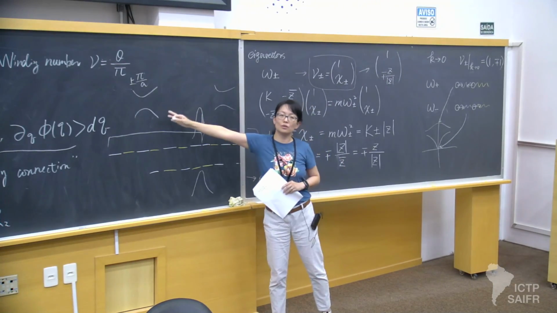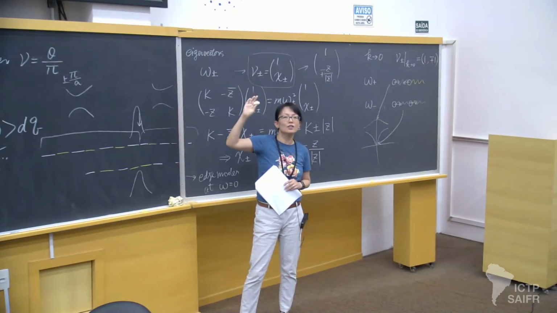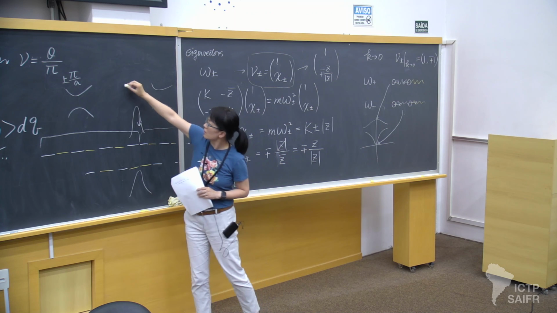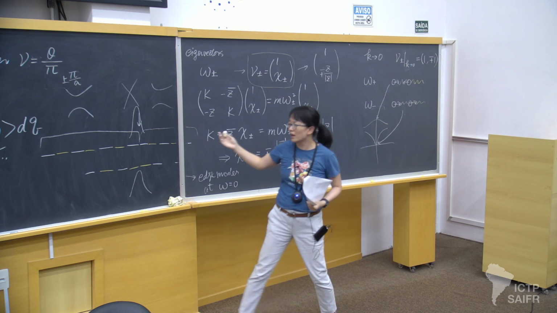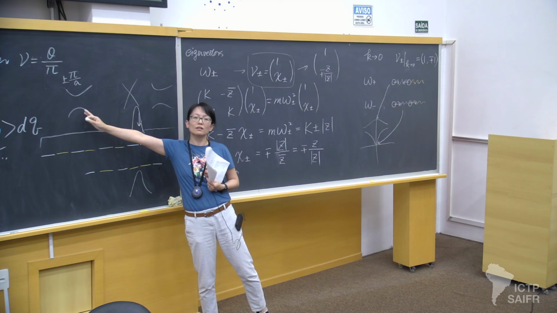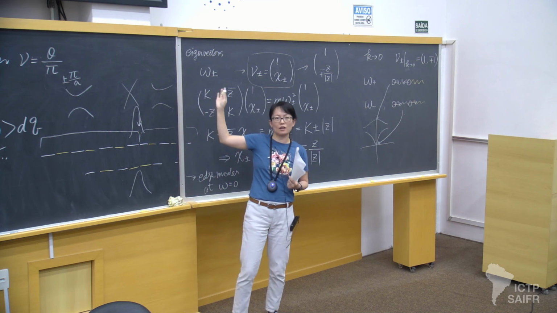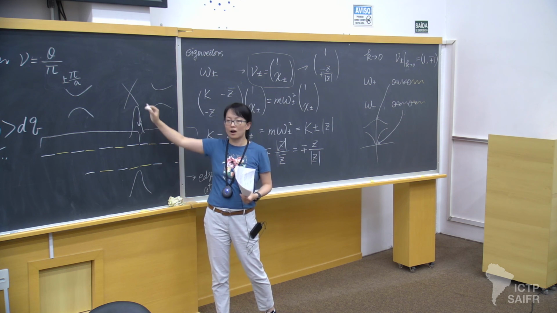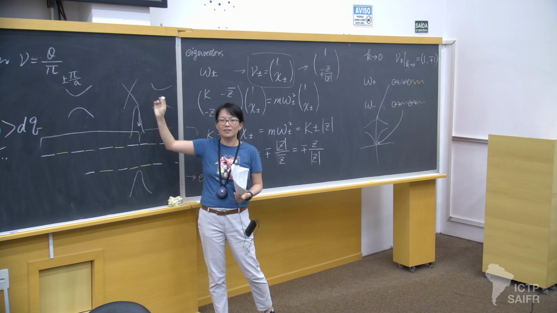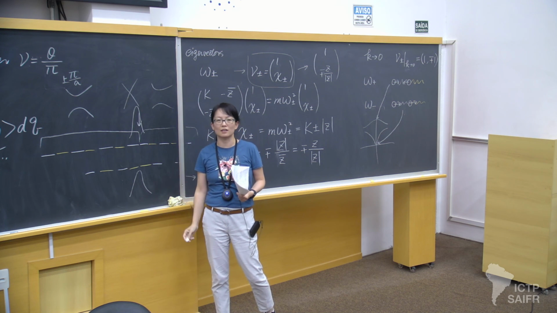But these two gapped states are of different topology. So at the interface, you necessarily need to close the gap. You can only change from one gapped state to another gapped state of a different topology by closing the gap. As a result, there are these edge modes in the gap when you put them together.